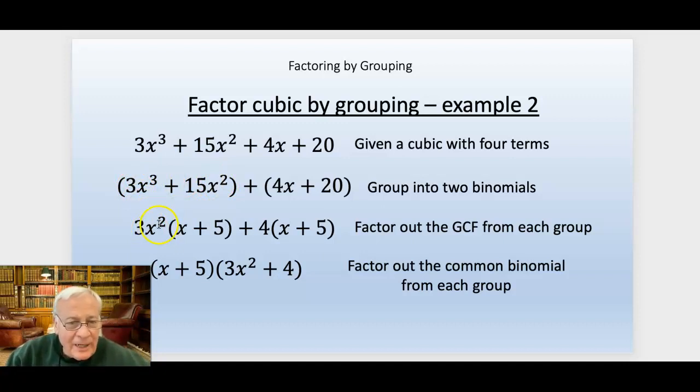The second one will be just a constant integer you can take out. Here, 4 and 20, you can take out the 4. I'm left with x plus 5 and x plus 5. So I can take the x plus 5 out from both and put it in front. What I have left is 3x squared plus 4.